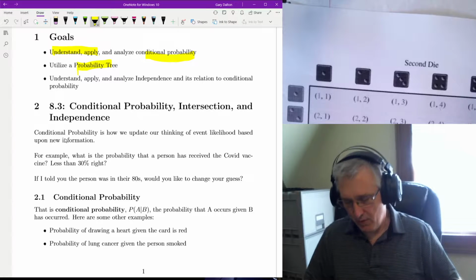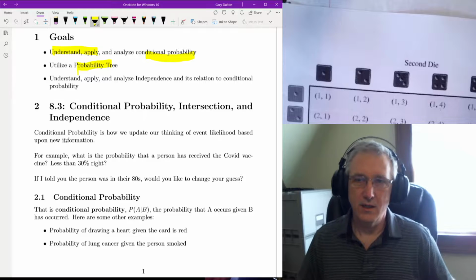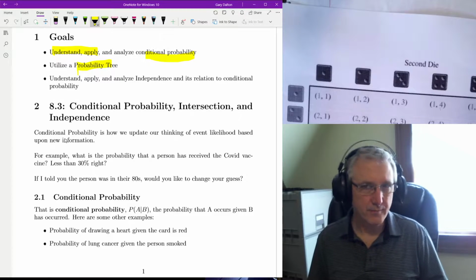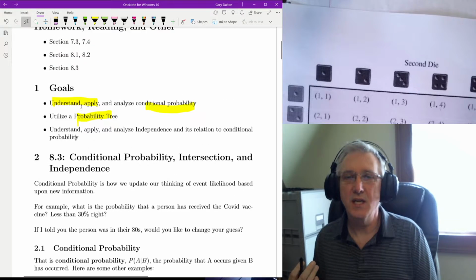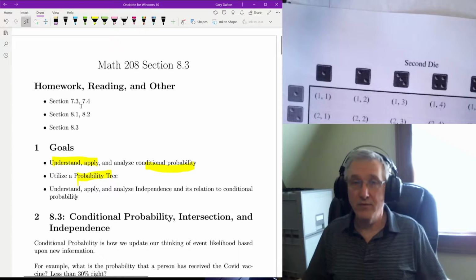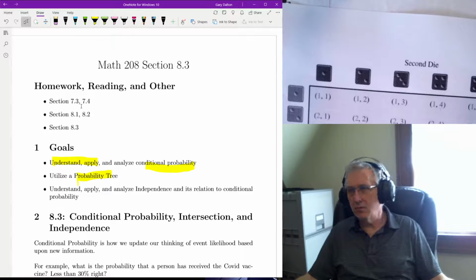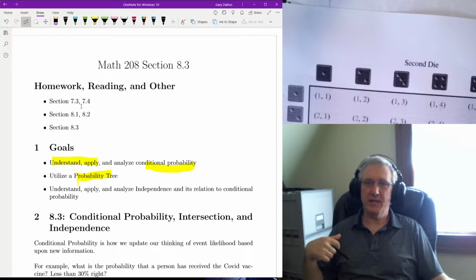Anyways, conditional probability is how we update our thinking on an event occurring based upon new information. An example: if I were to ask you what is the probability that a person has received the COVID vaccine, you're going, well, I might know a few people, but I don't really know that many. So, I don't know, 30%, maybe a little bit less.